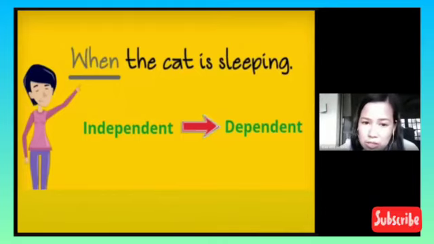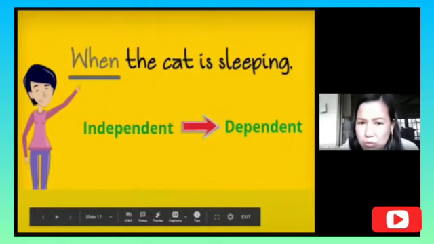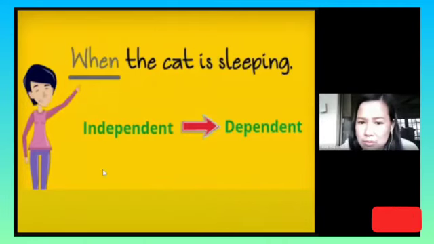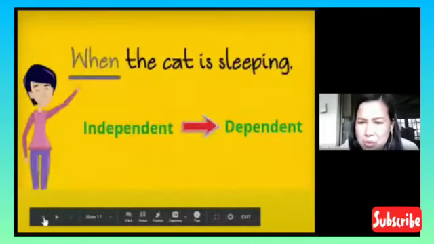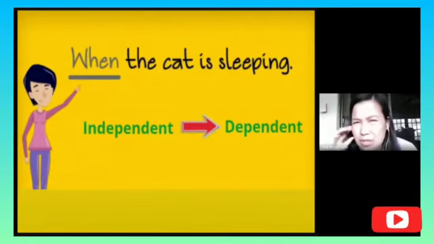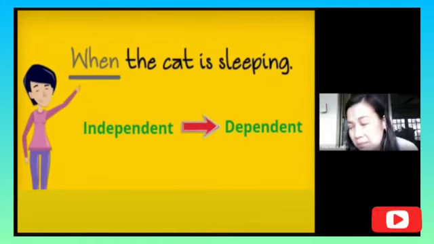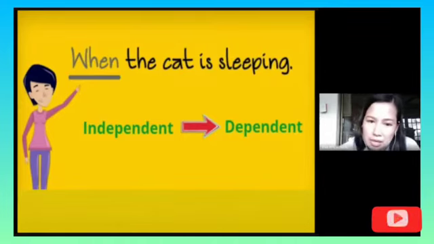Definitely, it's a dependent clause kasi it cannot stand alone. Hindi kompleto yung message niya. Halimbawa, when the cat is sleeping, okay? So what? Kung natutulog yung pusa, ano ngayon? So, yung message hindi complete, tama? Kaya dapat, when the cat is sleeping, the mouse is playing. The mouse is playing when the cat is sleeping. Dependent na siya kapag may conjunction sa umpisa.